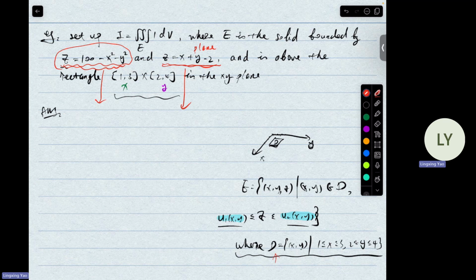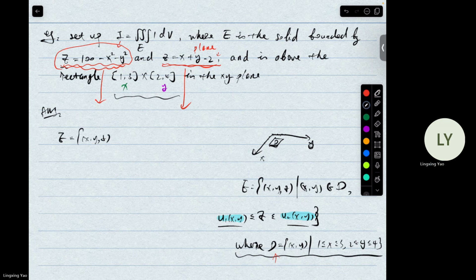So what we could do is pick x equals 2 and y equals 2, and we'll see this z is bigger and this z is smaller. So the plane is the bottom edge of the volume, and z equals 100 minus x squared minus y squared is indeed the top edge.